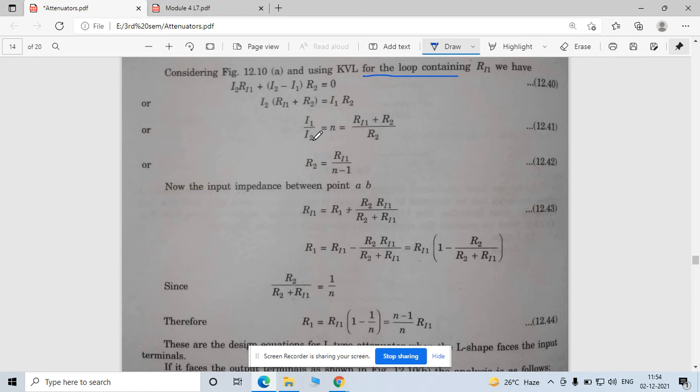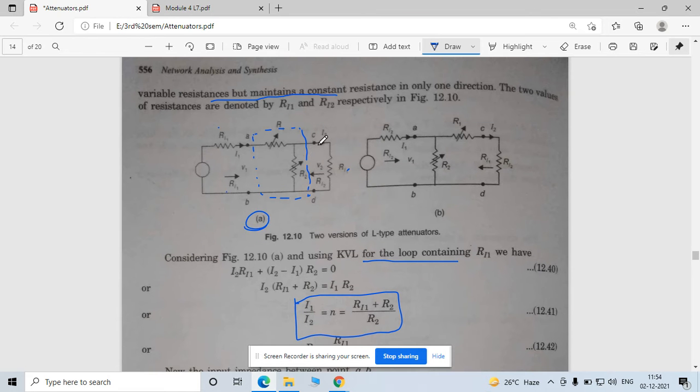Now see here, the ratio of your signal is nothing but Ri1 plus R2 divided by R2, right? How do you get this? Simple, apply KVL to your closed loop. Which is the closed loop? See here, the KVL is applied for this loop.